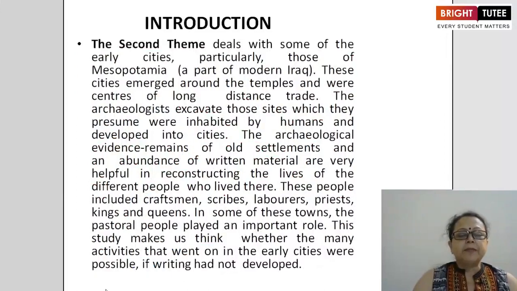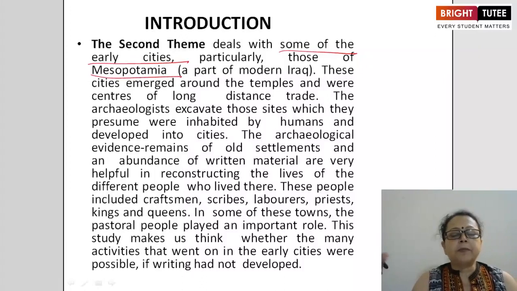The second theme deals with some of the early cities, particularly those of Mesopotamia, the modern-day Republic of Iraq. This is the name of the country at present. These cities emerged around the temples and were centers of long distance trade.